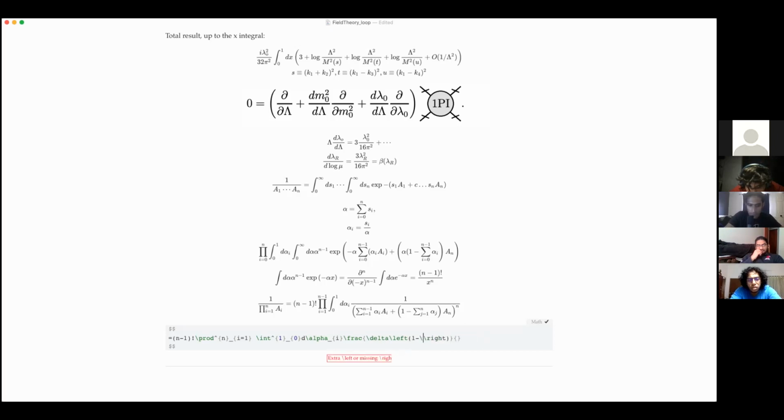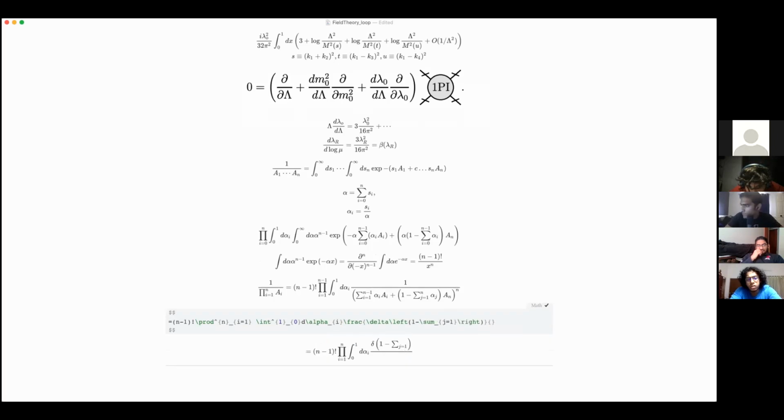Well, we had better notation for that too. The sum over j equals 1 to n of alpha j, divided by, finally, something that looks half decent if you write it in nice notation: the sum over k equals 1 to n of alpha k a k, everything raised to the power n, finally.